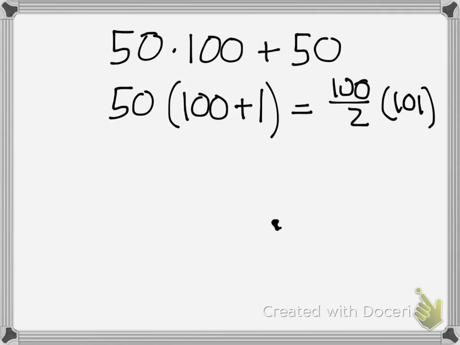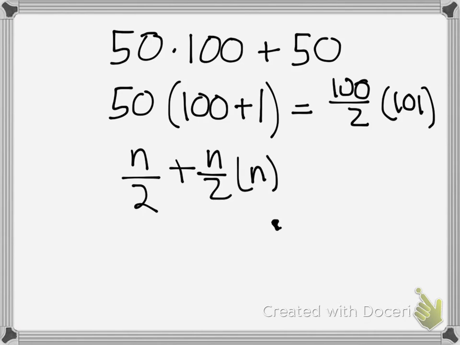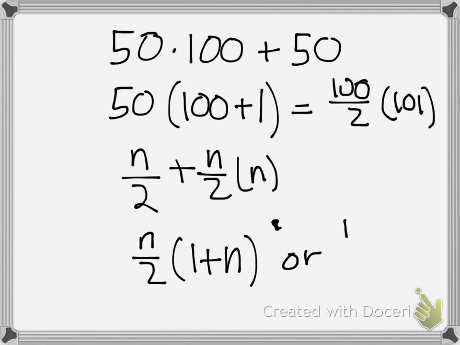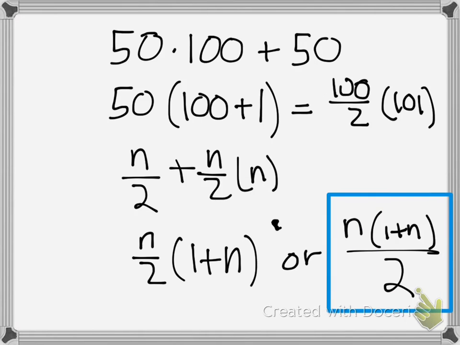So pretty much we're just saying it's n over 2 times n plus 1, which is n over 2 times 1 plus n. And that's the formula you're probably familiar with. You might have seen it as n times n plus 1, or 1 plus n, doesn't matter really, over 2. You may have seen it like that.